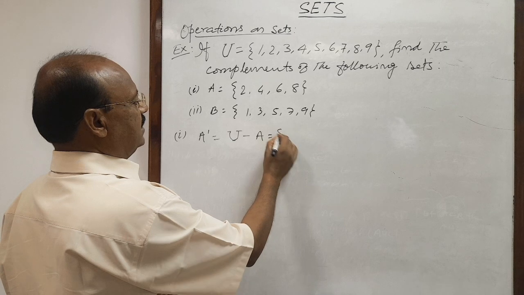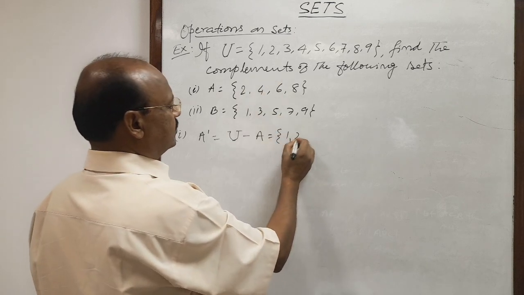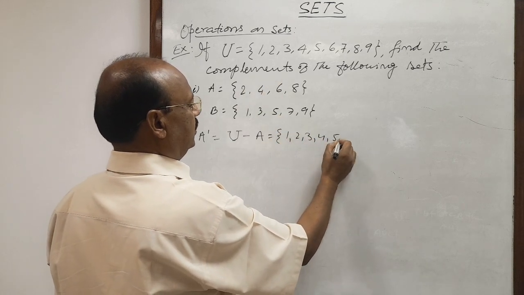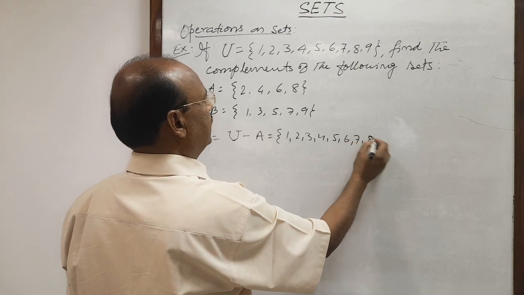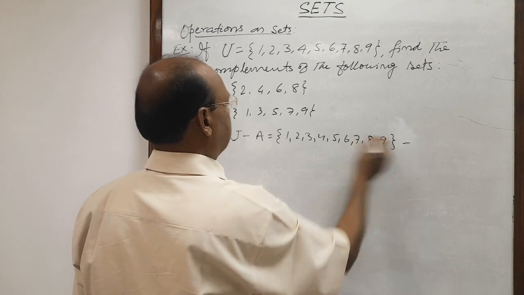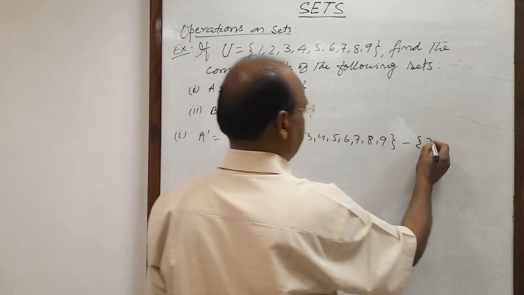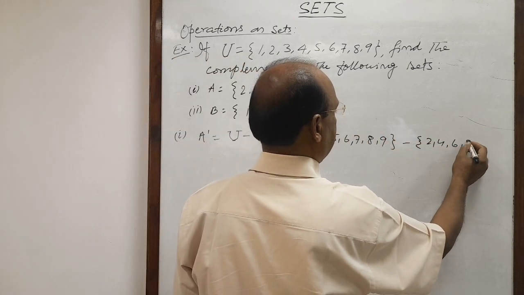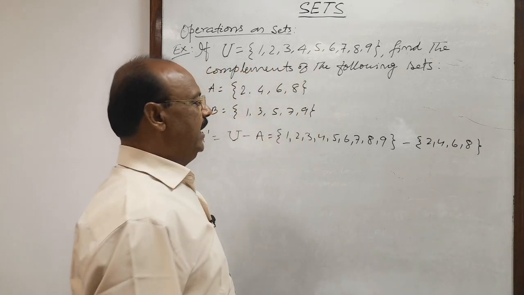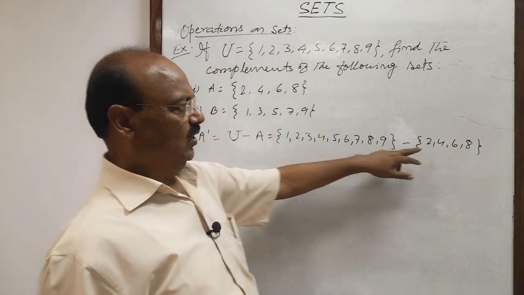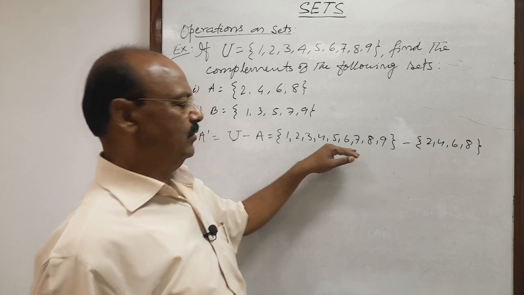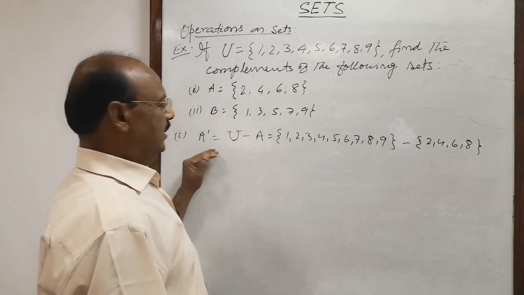Here the universal set has elements 1, 2, 3, 4, 5, 6, 7, 8 and 9, and set A has elements 2, 4, 6, 8. So we have to omit these elements 2, 4, 6, 8 from the universal set, and we will get A complement.